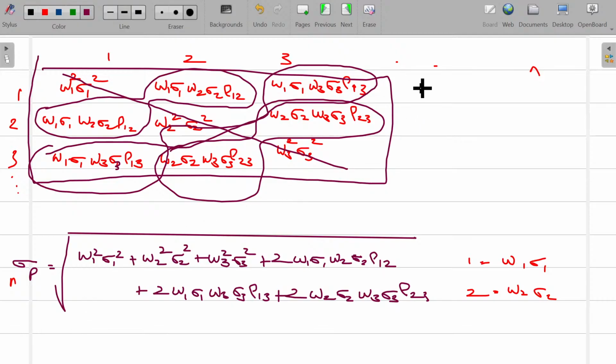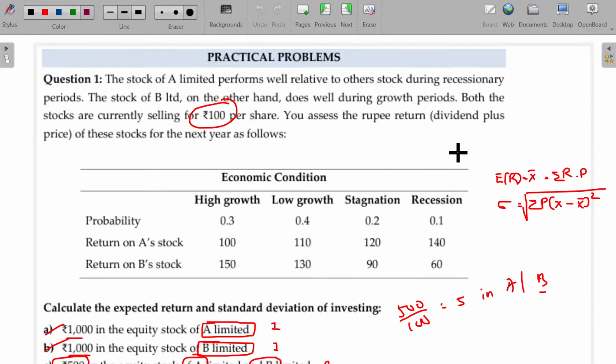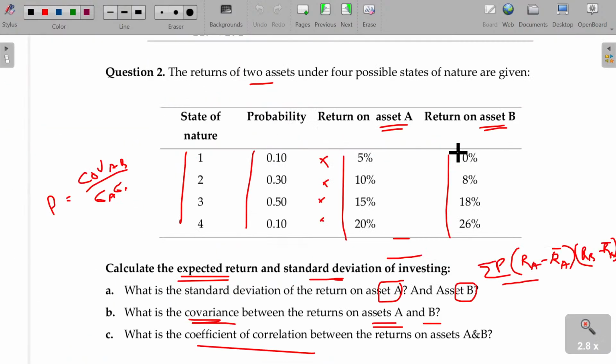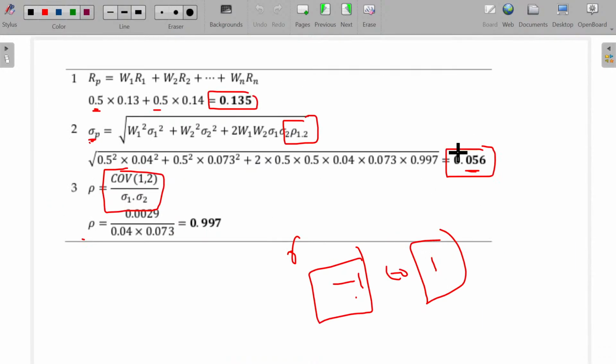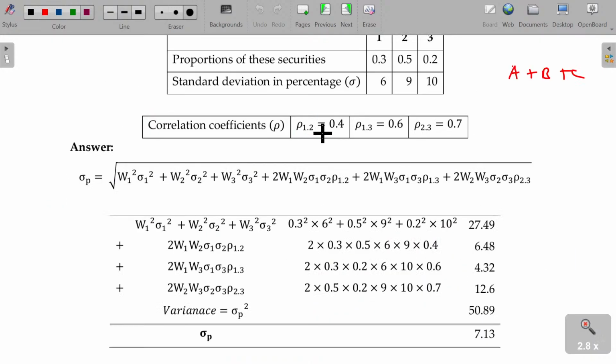For 4, what happens? W1 standard deviation 1, W4 standard deviation 4, and correlation 1 and 4. That's how you can expand to 4 or 5. It seems to be pretty massive, not required for your examination. Anyhow, at least if you get 3, you should be careful. 1 square, 2 square, 3 square, 1 and 2, 1 and 3, 2 and 3.